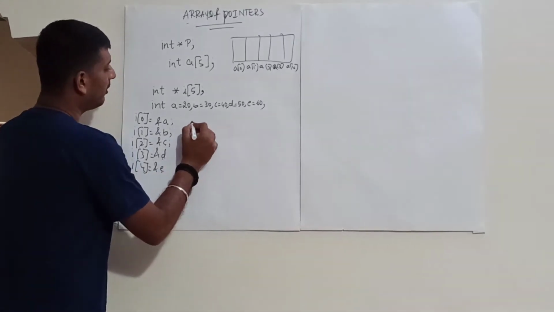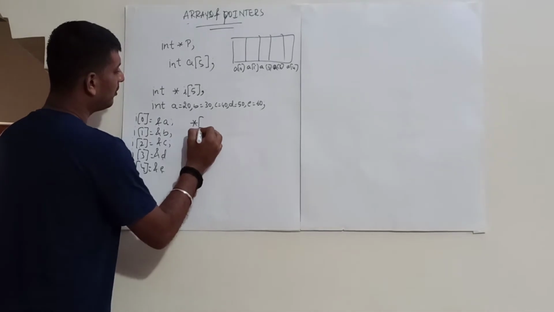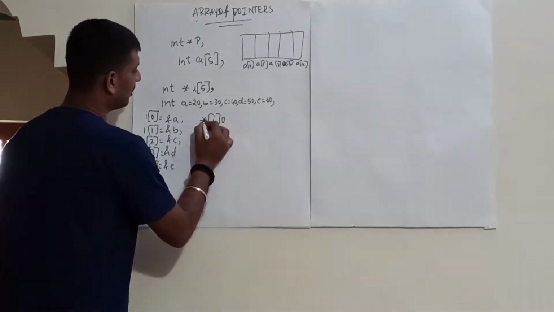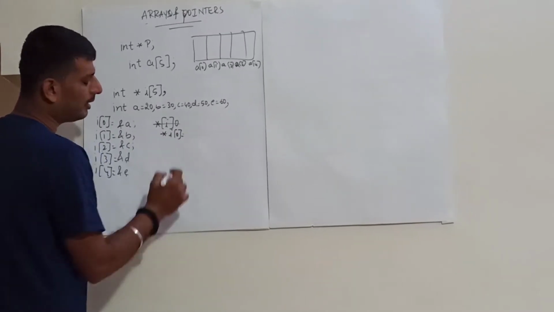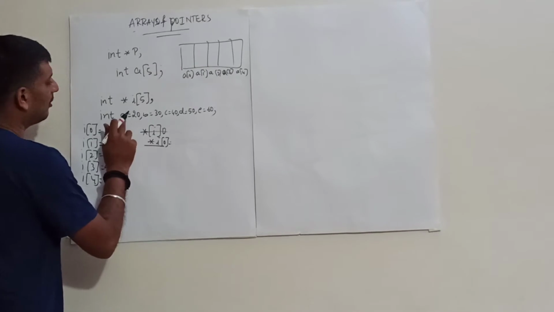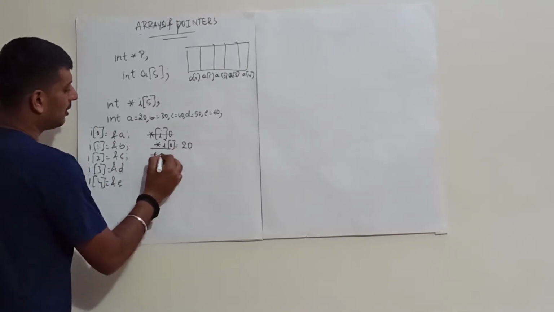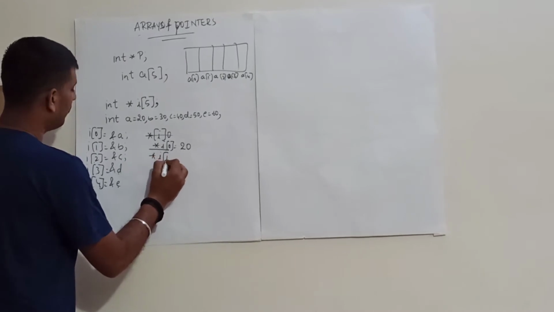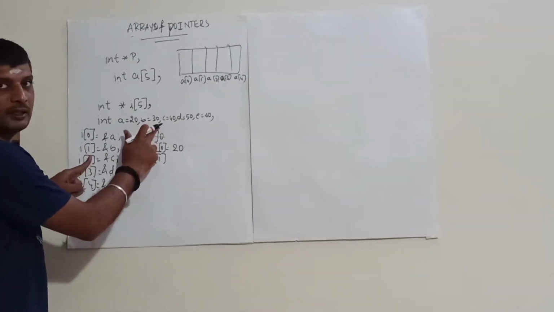Next, if I display *i[0], it will display the value of a, that is 20. *i[1] is storing the address of b, so the value is 30.